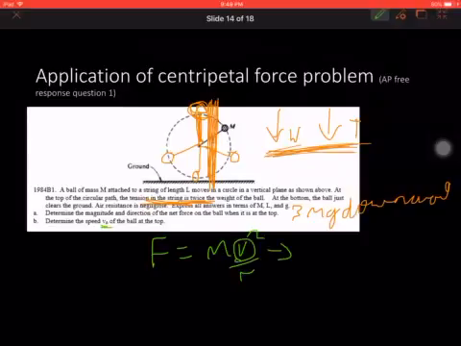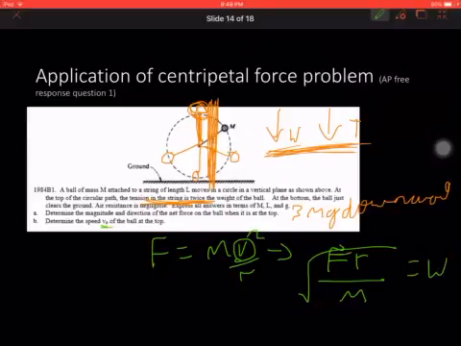So solve for that: the square root of F times R divided by m. That's V, not W. V, that's our speed. And we know that the force here is 3mg.